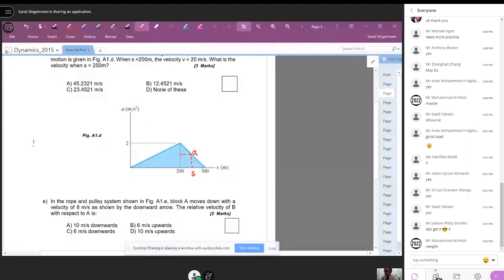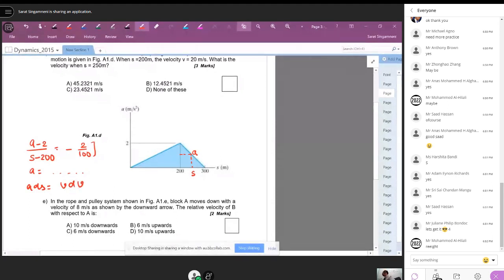So a minus 2 divided by s minus 200 is the slope, which is minus 2 over 100. Simplify this and write a as a function of s. Once you have a as a function of s, as in the previous problem, a ds equal to v dv.